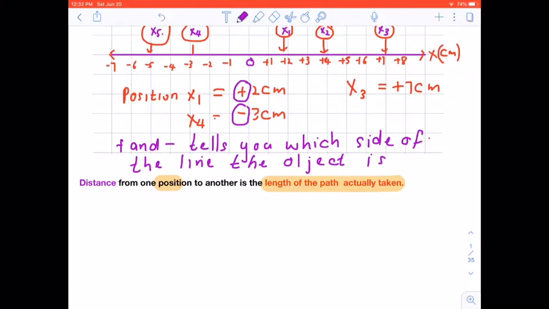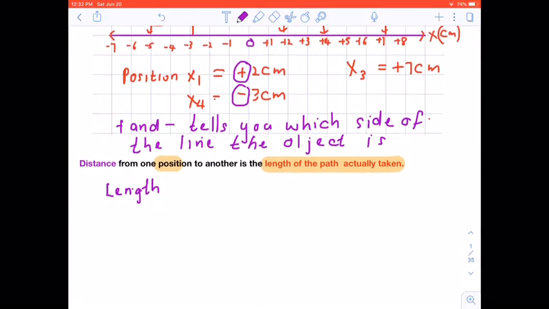So let's say the length from x2 going to x3.